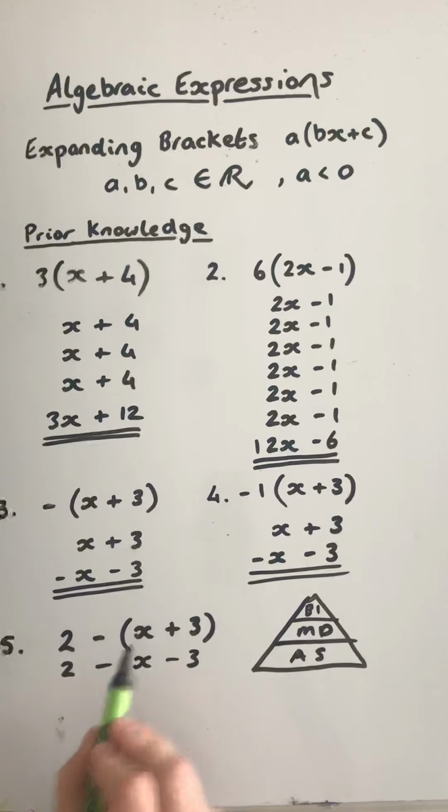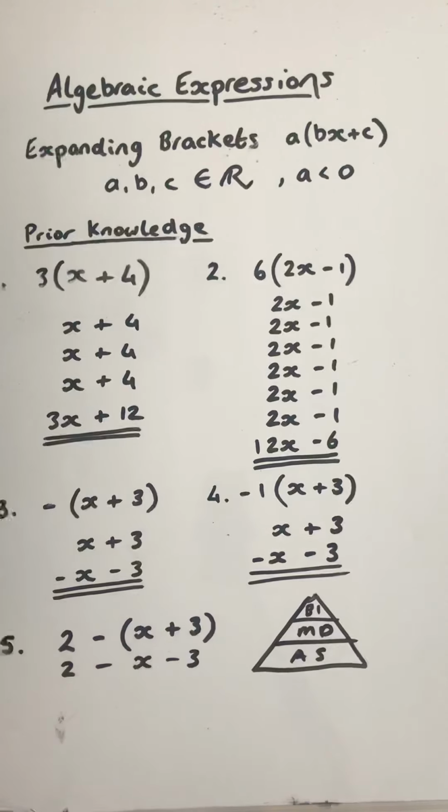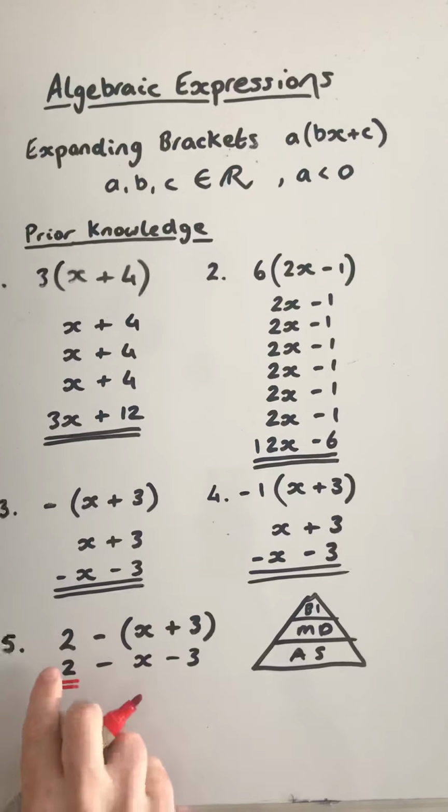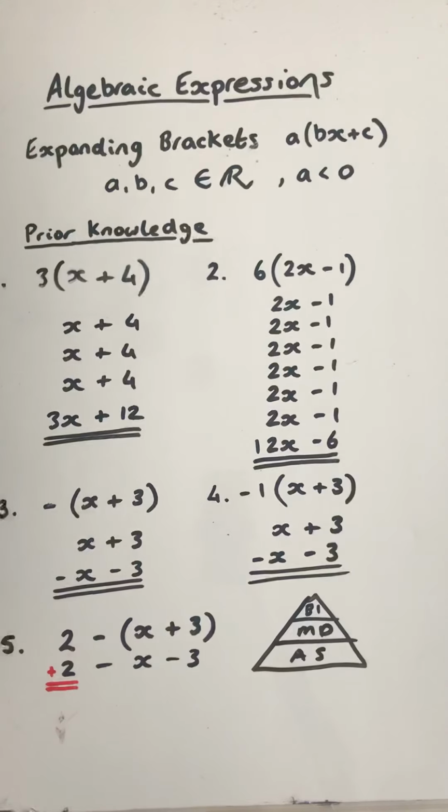Then we can apply our simplification process. The question would say expand and simplify. How do we make that look simpler? We collect like terms, so we take the operations with it.